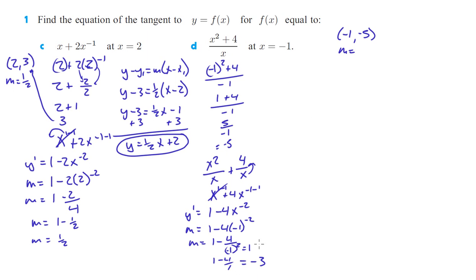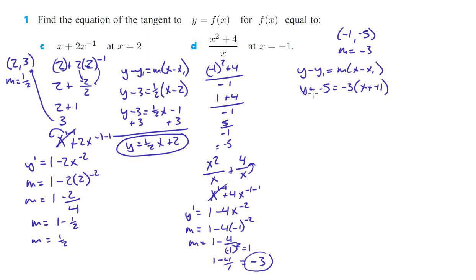Now we can take that negative 3 for our slope and plug this into the point slope formula, right? y minus y1 equals m times x minus x1. y minus negative 5 equals m, which is negative 3, times x minus negative 1.